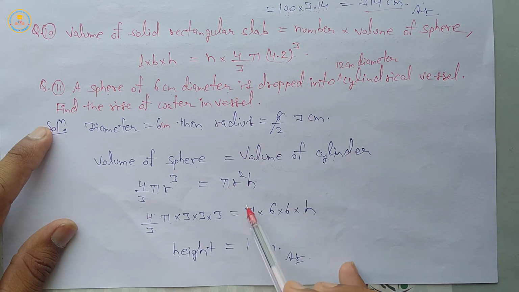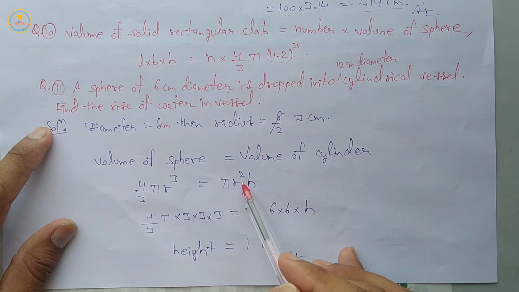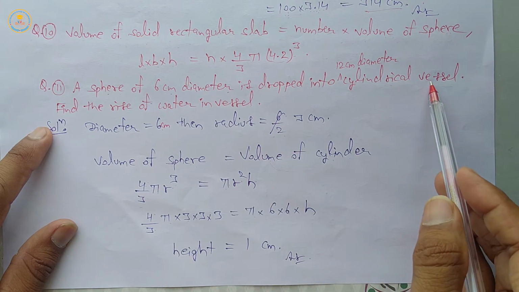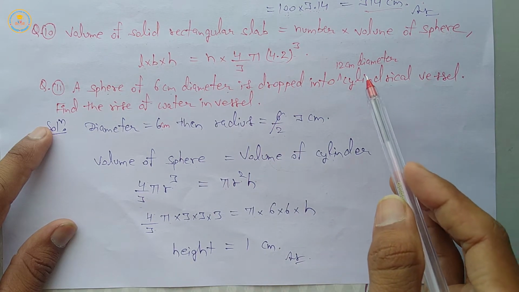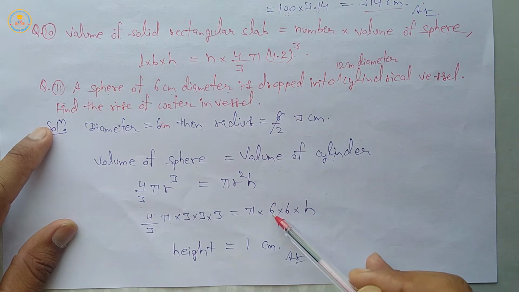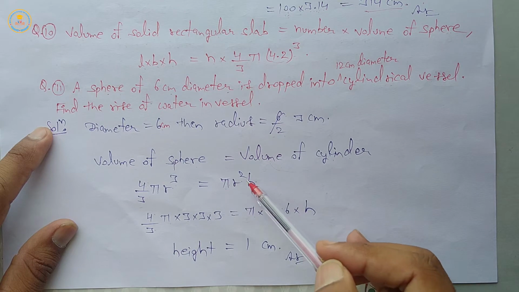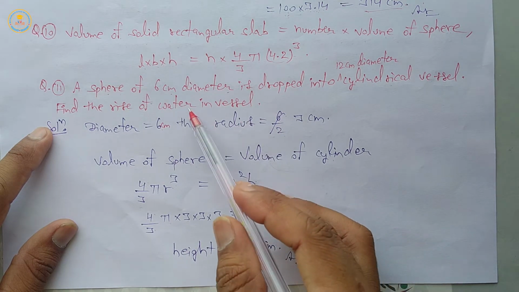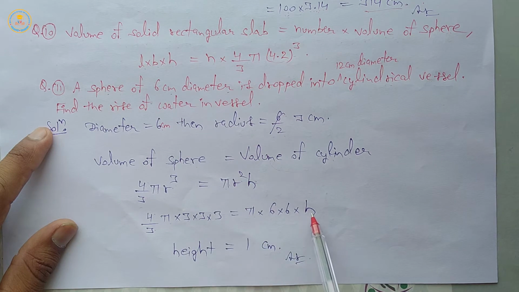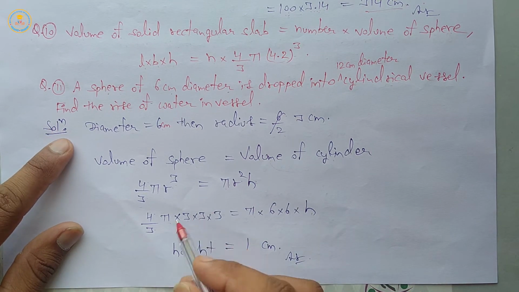Volume of cylinder: pi as it is, r square. R square means radius of the cylindrical vessel. Diameter is 12, therefore radius is half, means 6 multiply 6. Height is not given, we calculate height, which means rise of water, so h stays as it is.